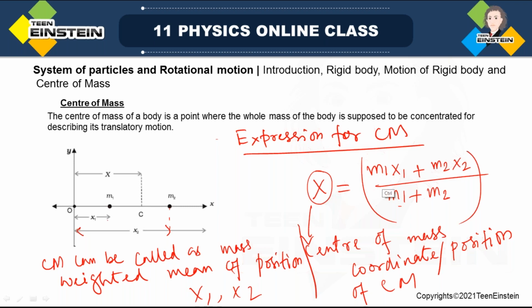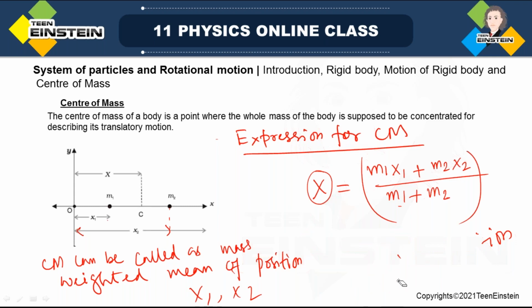And look, now we can have another interesting result from here. If m1 and m2, the two masses, are equal to m, then x will be x1 plus x2 by 2.